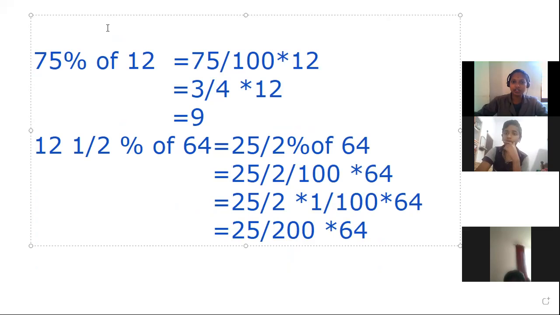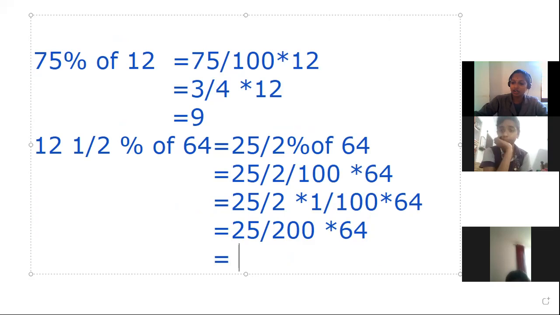In 100 there are 4 25s. That means in 200 there are 8. So we can simplify 25 by 200 as 1 by 8.